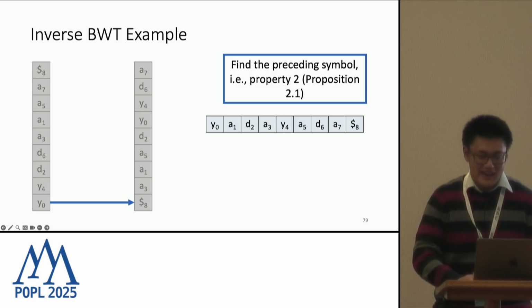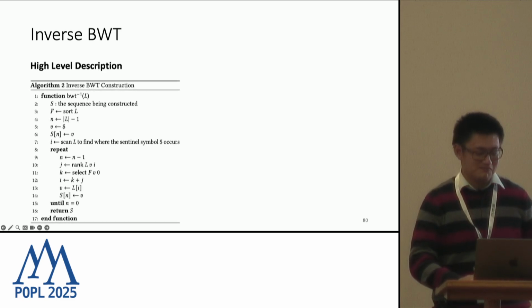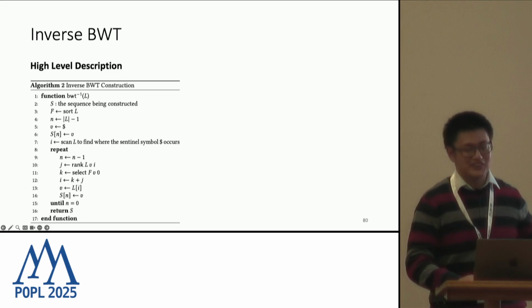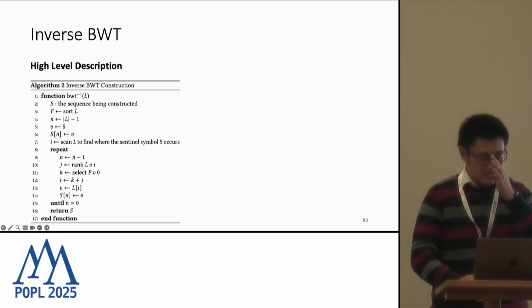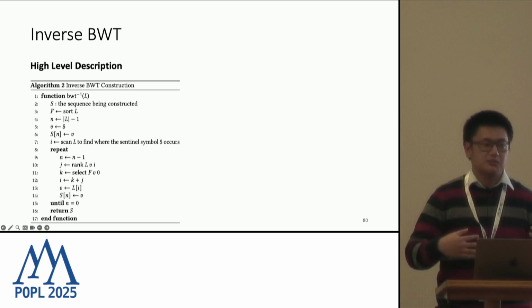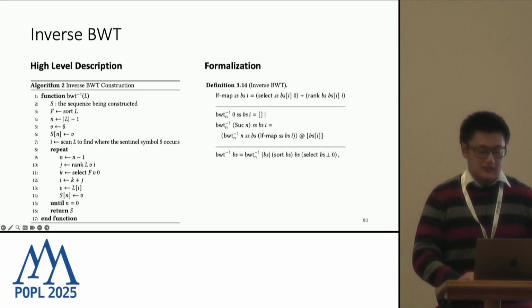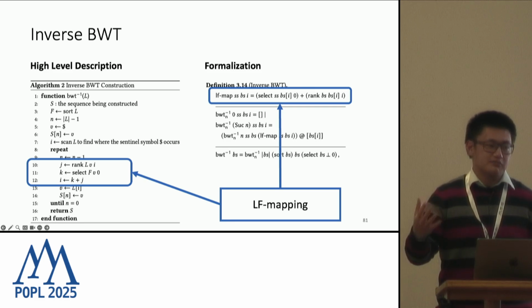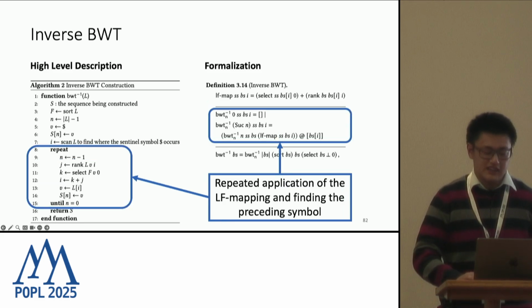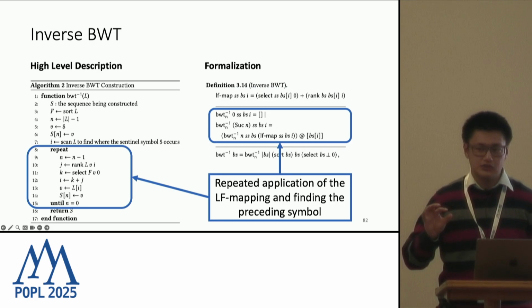Now, in terms of how you actually write that as an algorithm, that's what it looks like. I'm not going to go into detail about it. But essentially, when we formalize this, we split it up into three key parts. The first being that LF mapping, the second being the repeated application of that LF mapping and finding of the preceding symbol.